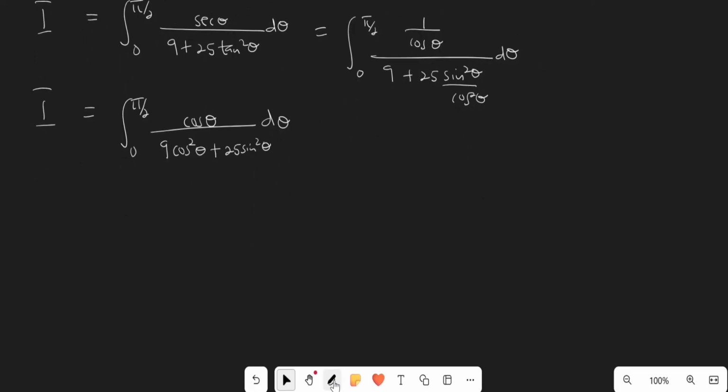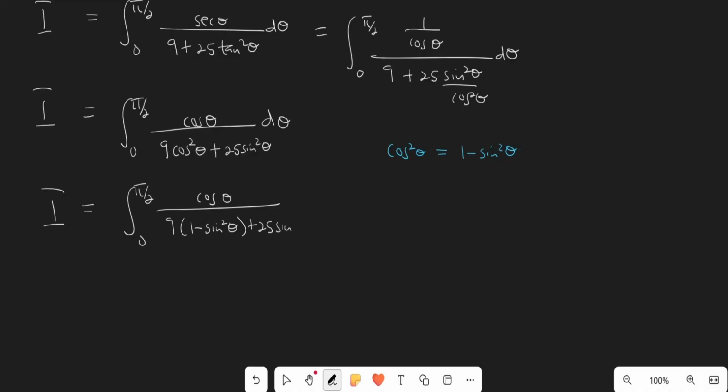And now we know this very famous identity that cosine square of theta is 1 minus sine square of theta. So I'm just going to plug that into our integral. So I is the integral from 0 to pi over 2 of cosine of theta all over 9 times 1 minus sine square of theta plus 25 times sine square of theta, d theta.